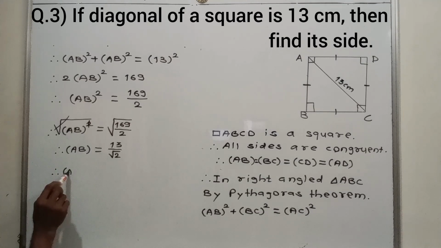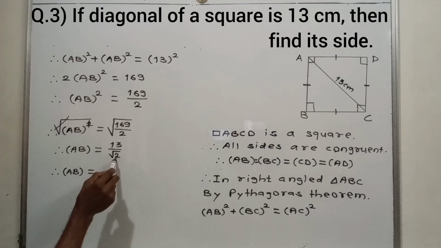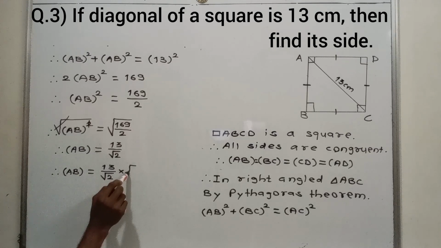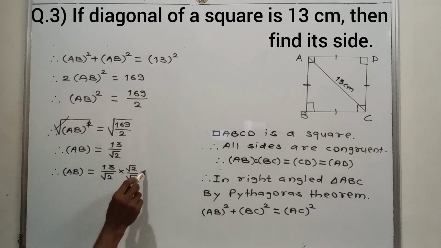Now you have studied in 9th standard, if the denominator is an irrational number then convert it into rational, that is we say rationalization of a denominator. We take the rationalizing factor of the denominator and find the answer.